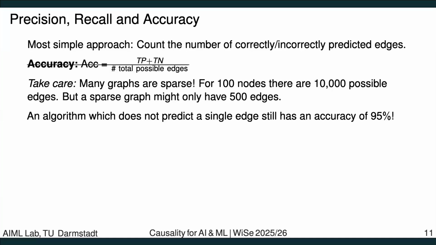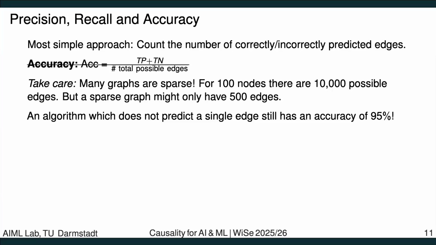Yeah. I assume that the true positive and false negative, I'm a bit confused about the formula. And why is it divided by the total possible edges? Yeah, so basically, if you look at the adjacency matrix, true positives are the edges that are correctly predicted, and true negatives are the absent edges that are correctly predicted.